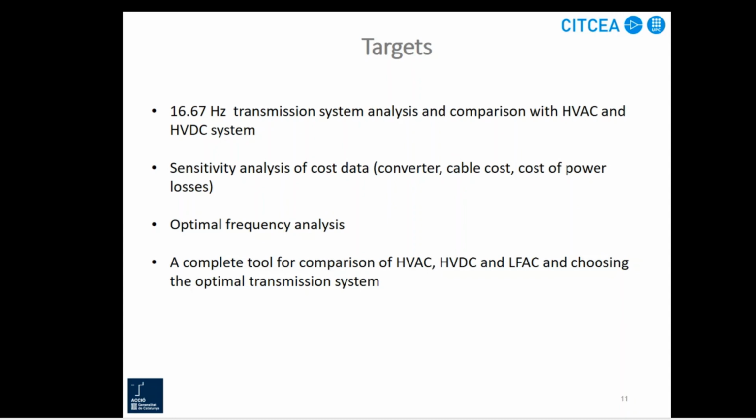The third point would be finding the optimal frequency, sweeping different low frequencies, or frequencies lower than 50 Hertz, to see which frequency is optimal. And at the end, the idea is to have a complete tool for comparison of HVAC, HVDC, and low frequency AC, and choosing the optimal transmission system.